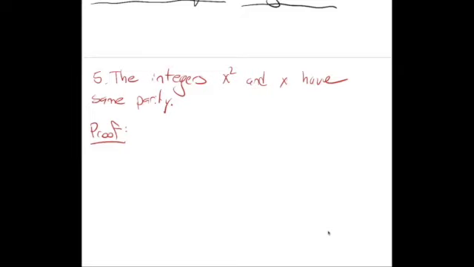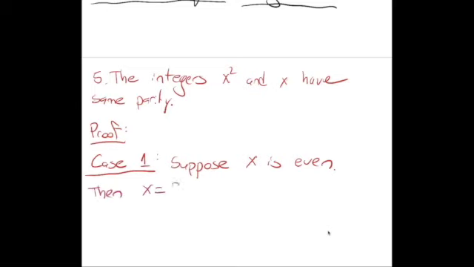Yeah, case 1, suppose X is even, thus X equals 2A, where A is an integer. Yeah, sorry, my lingo is bad. No, you got it. And then X squared equals (2A) squared.